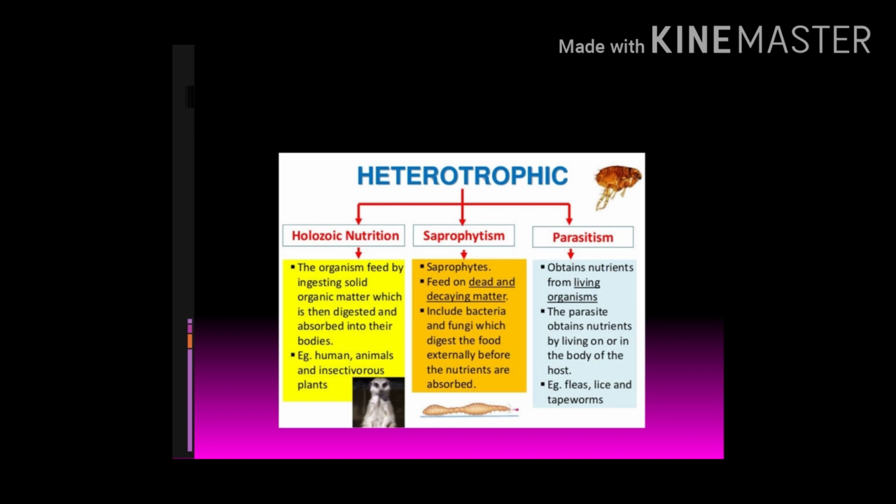Coming to the next slide, it shows the different types of heterotrophic nutrition which we have already discussed: holozoic, saprophytic and parasitic. Holozoic nutrition involves organisms that feed on solid organic matter, which is taken inside and then digested. For example, human beings, amoeba and other animals.